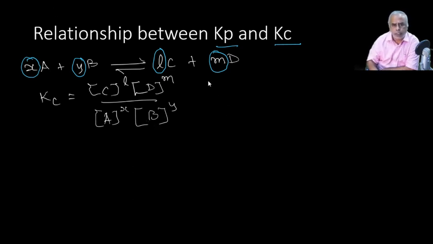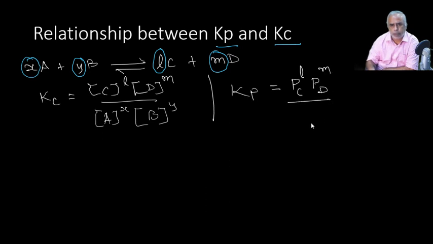And we can also write Kp here. What is Kp? Which is nothing but Pc to the power l, and then Pd to the power m.